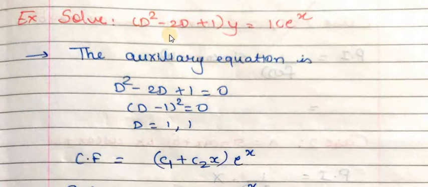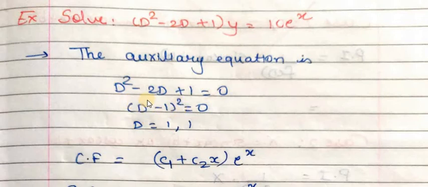That is given by equating function of D to 0. Here function of D is D square minus 2D plus 1, right? So we have equated this equation to 0. Now applying the formula of a square minus 2ab plus b square on this trinomial, we will have D minus 1 the whole square.